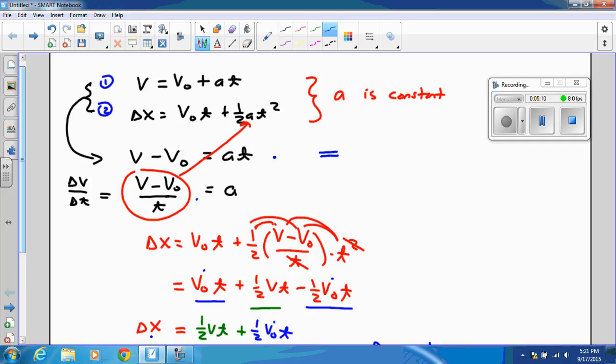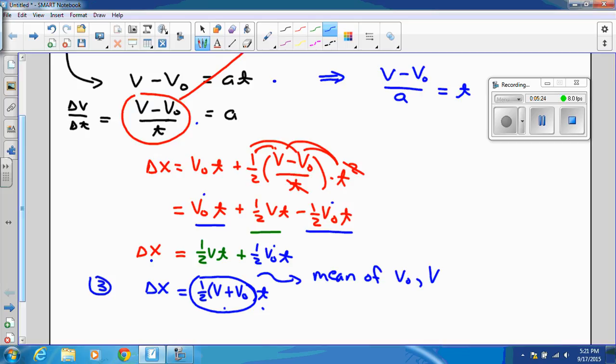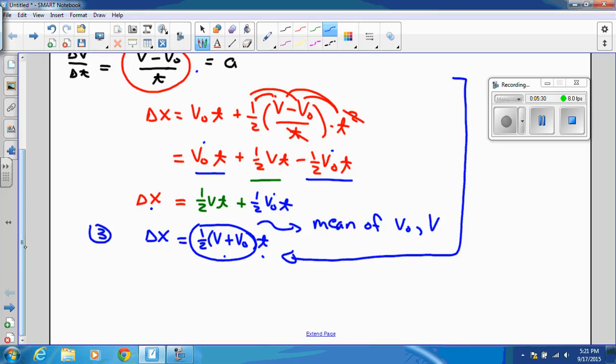And it turns out I can do that also. I'd come back to here and solve for t, then I would divide both sides by a, and find out that t is equal to v minus v0 over a. And it turns out that if you substitute into here, you get a nice relationship.